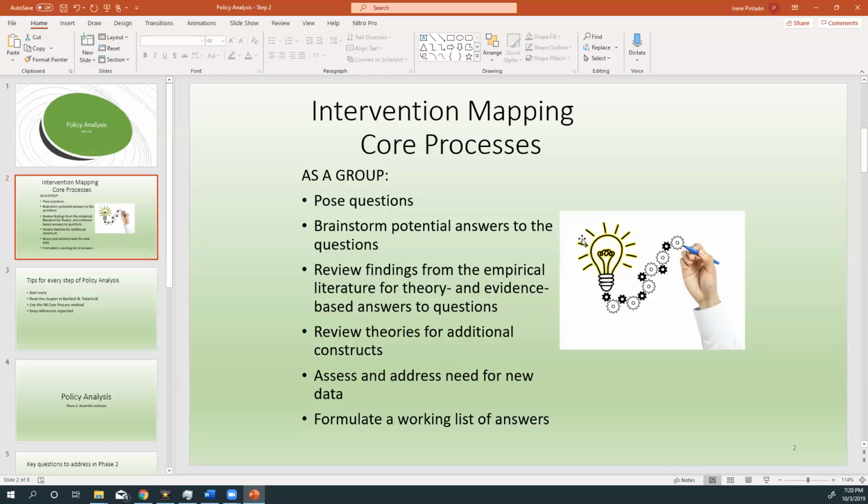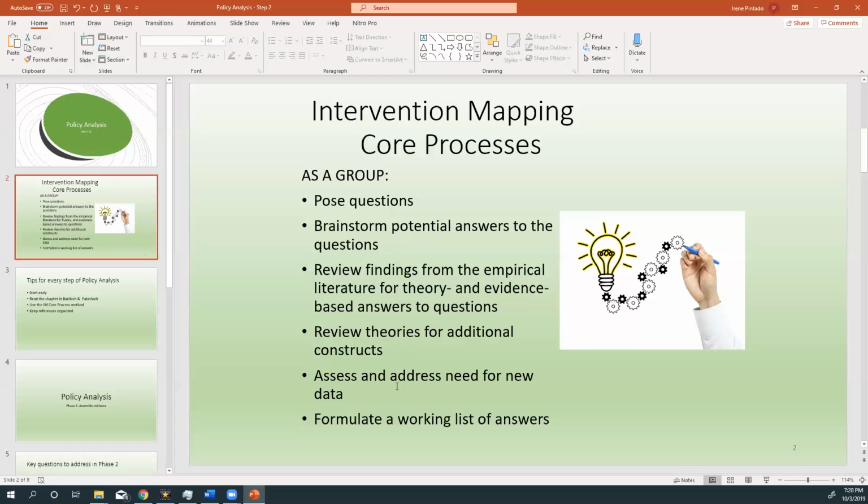But then you may turn to theory, to see if there is a theory that you can follow, that you can use as a framework to address a problem, maybe one that somebody hasn't tried to use before. You can review those theories to see if there's anything that somebody else has missed that you might be able to use. Once you have all that information, you assess it.